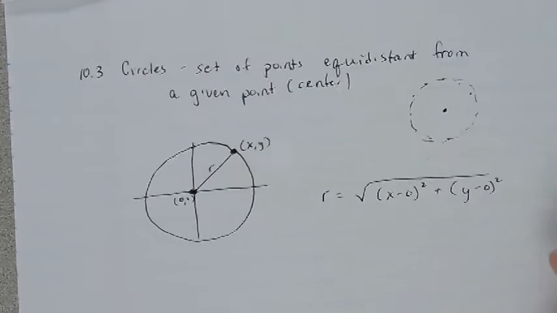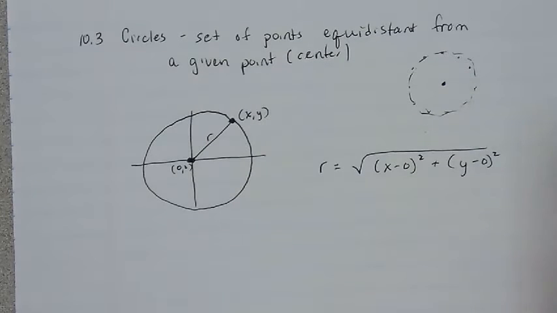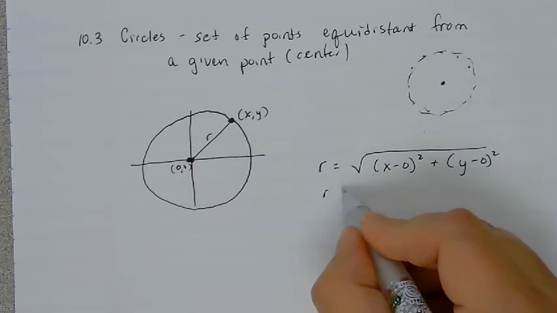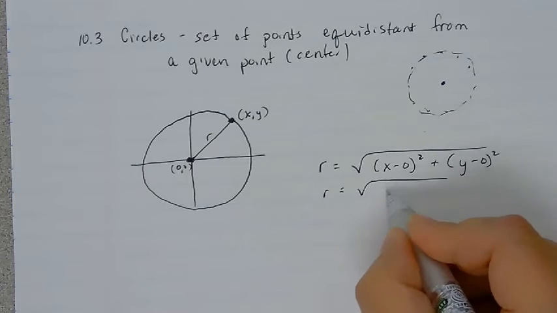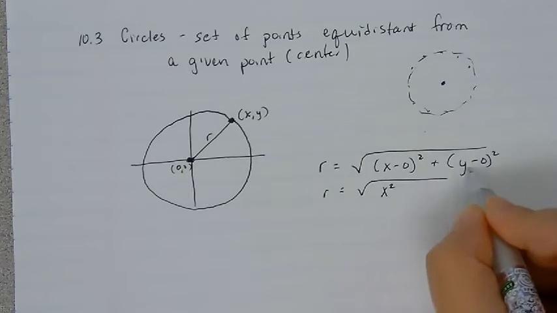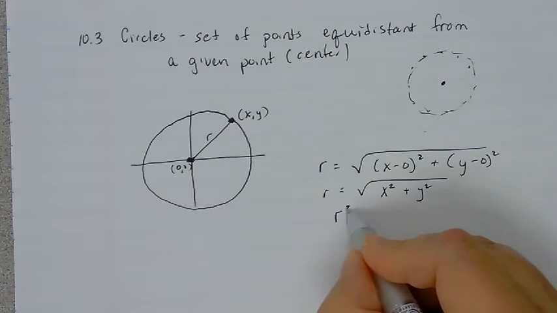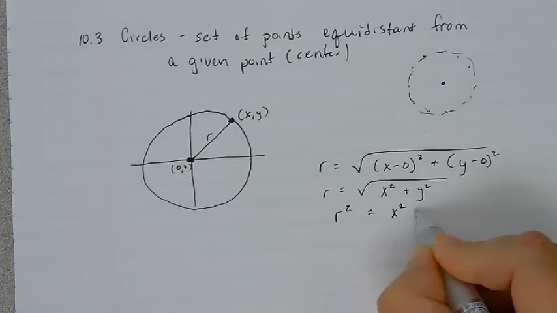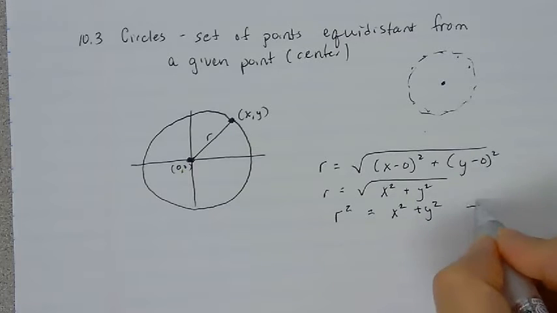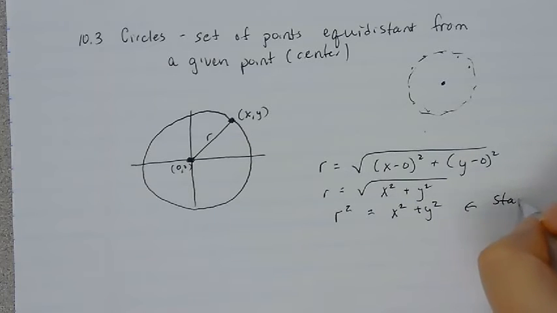So that would be the length of the radius. So we know then that x minus 0 is x, y minus 0 is y. So I could say that r squared equals x squared plus y squared. This is the standard formula for a circle.